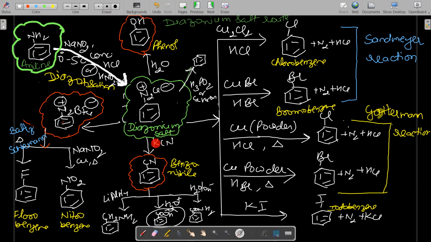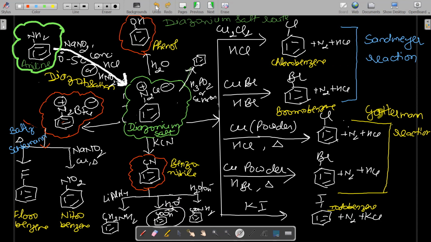this diazonium salt further reacts with KCN to form phenyl cyanide, where cyanide is attached. Now this N2Cl group is replaced by cyanide, which is called benzonitrile. And this cyanide is further hydrolyzed in acidic medium, we can write H3O plus.